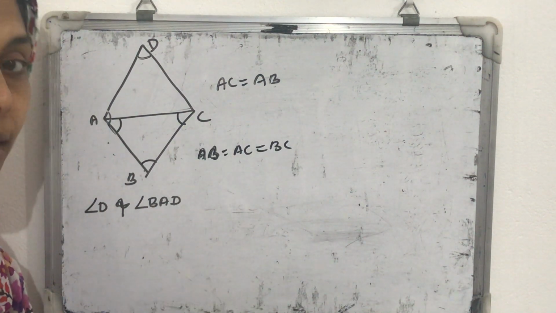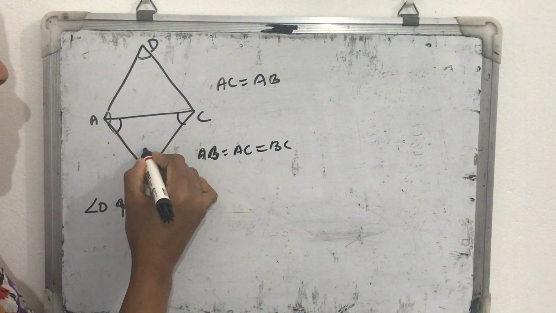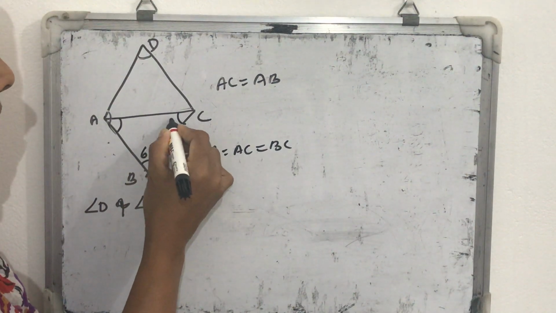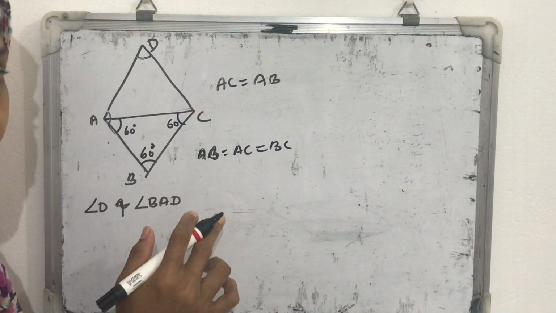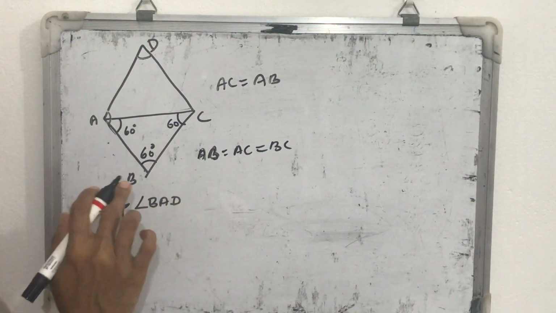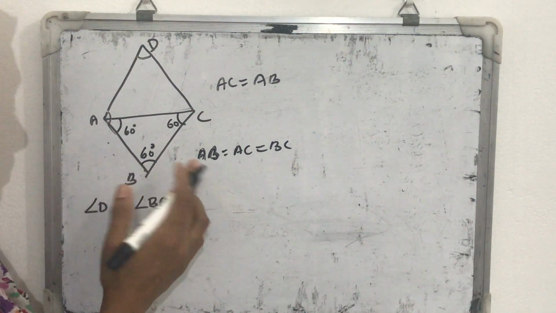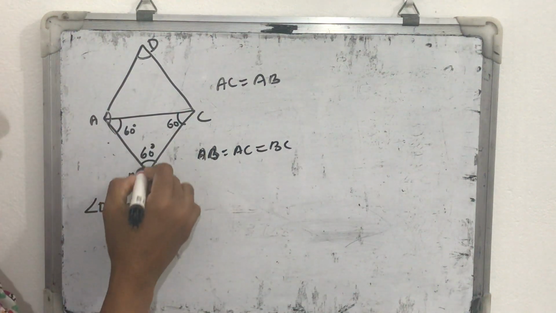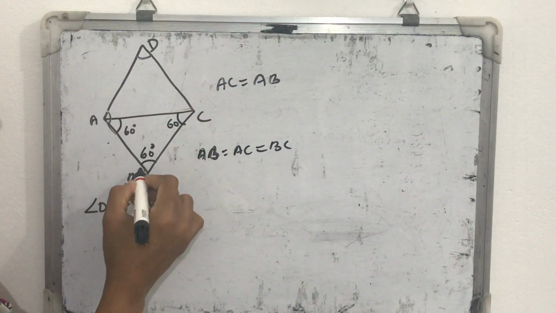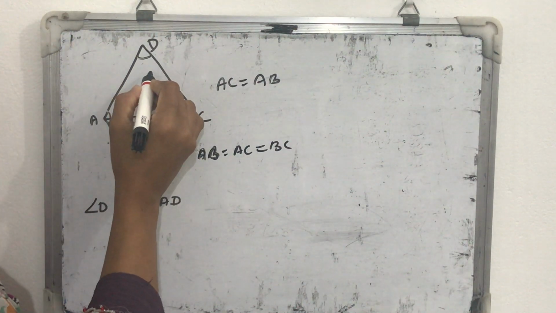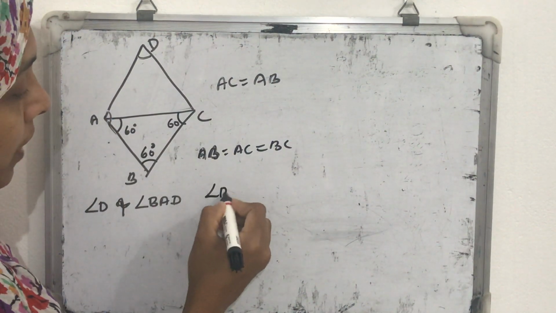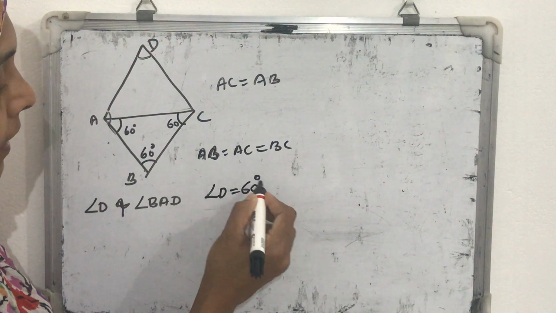So if it is an equilateral triangle, each angle will be 60 degrees. So using the property of the rhombus, the opposite angles are equal. If angle B is 60 degrees, angle D also will be 60 degrees. So we find angle D equals 60 degrees.